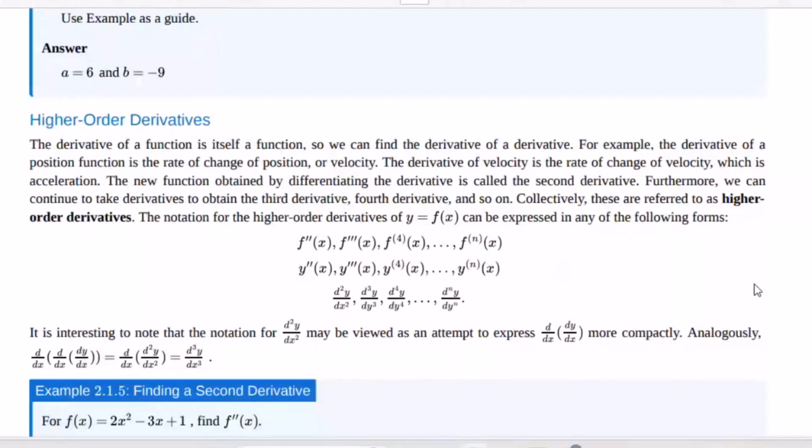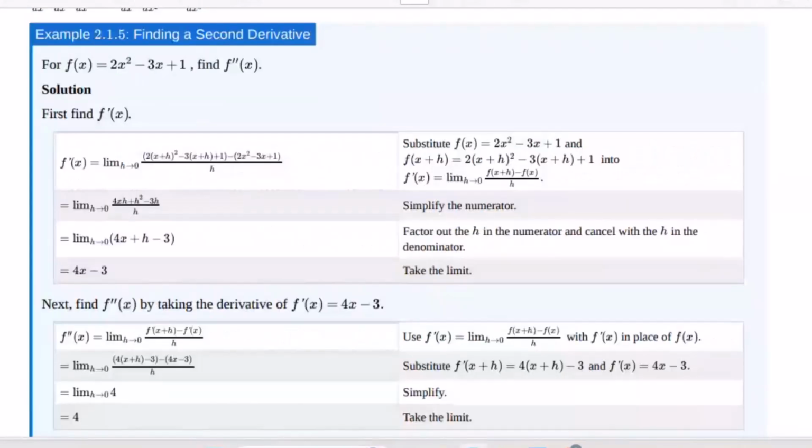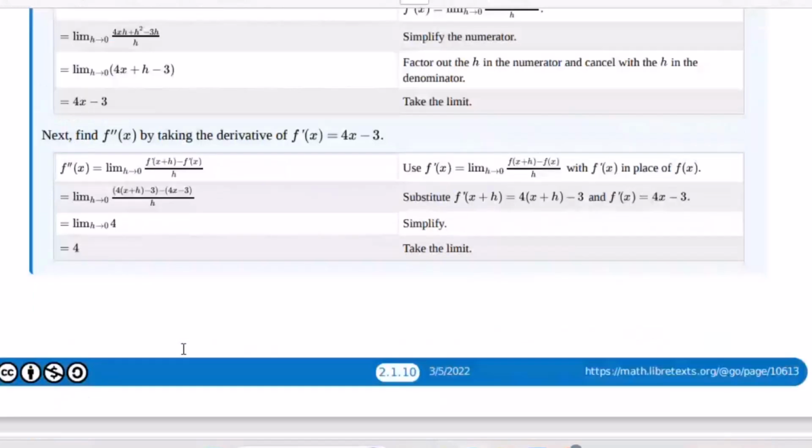I'm happy that we all got the same answer. There's no need for me to waste time by explaining it here. Let's go to this exercise.